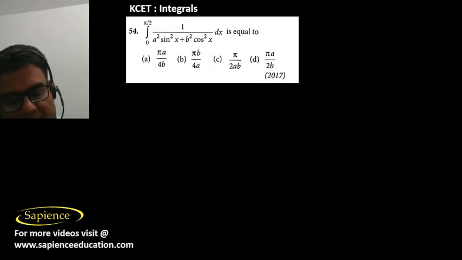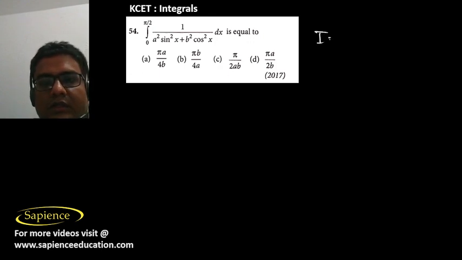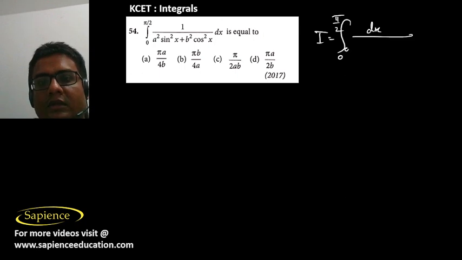Then in question number 54, it is told to find the integral 0 to pi by 2 dx by a square sin square x plus b square cos square x.